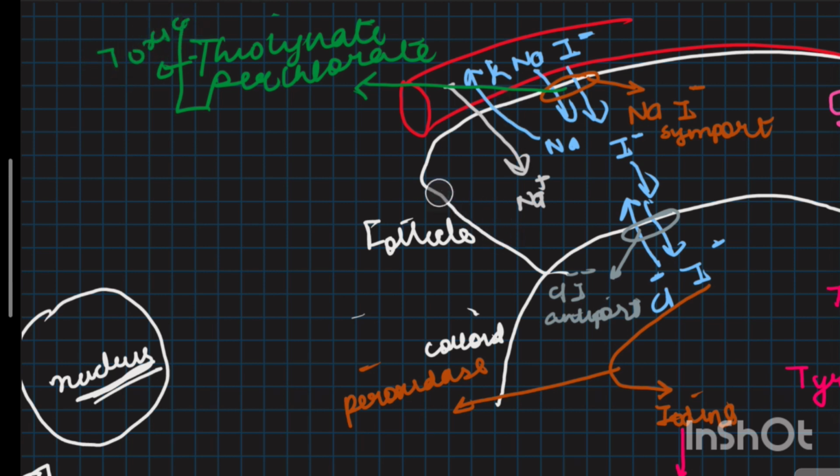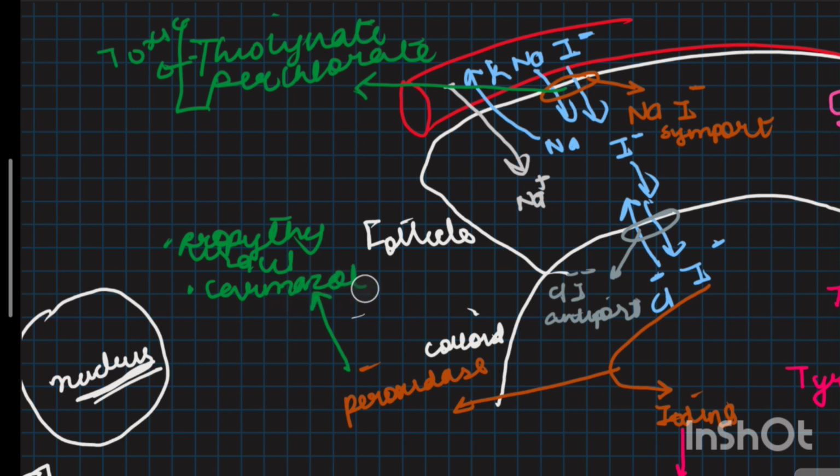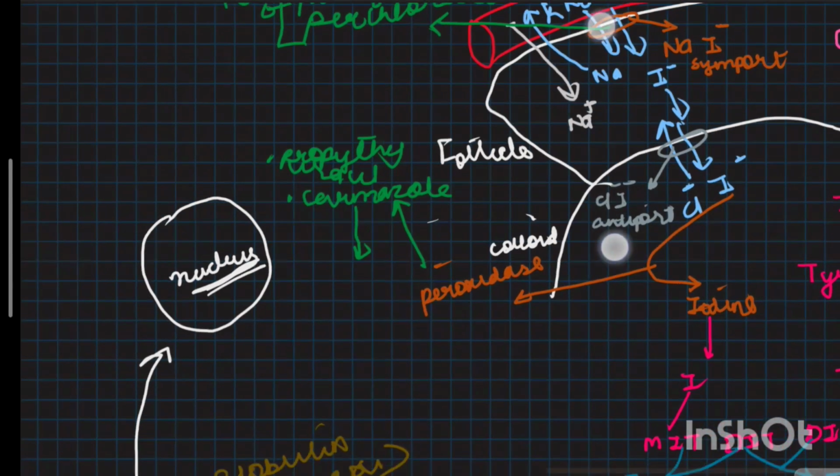Now the other class of drug acts on this peroxidase. They will block the peroxidase and thus the forming of T3 and T4. This can be propylthiouracil and carbimazole. Now this carbimazole has some teratogenic effect.